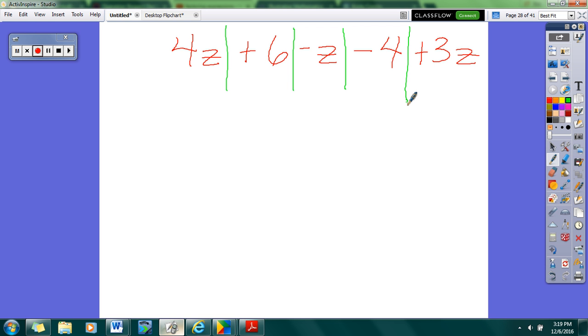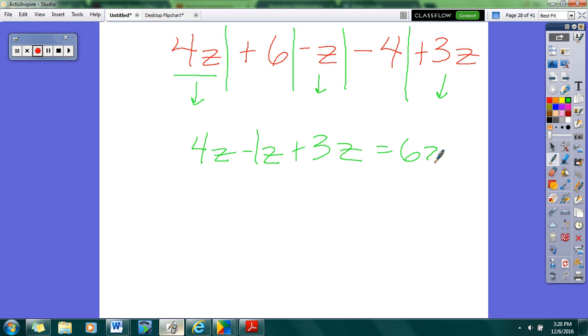Okay? Now I'm going to look for everything that contains a z in all my terms. I have 4z, negative z, and plus 3z. So now this turns into 4z minus 1z plus 3z. So 4z minus 1z is going to be 3z plus another 3z, which is going to be 6z.